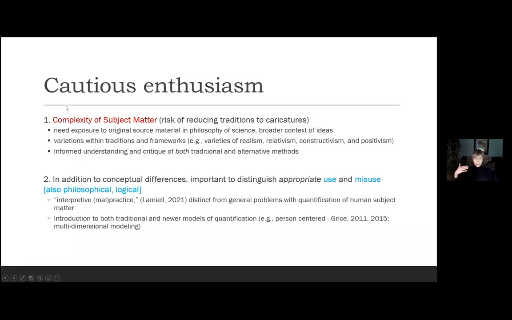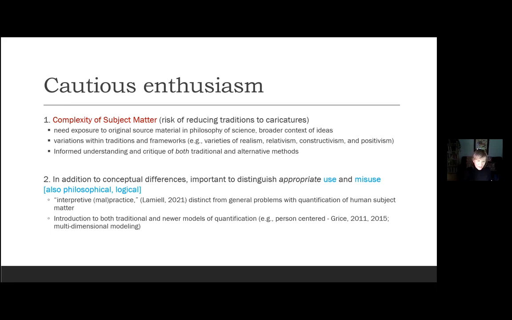My enthusiasm, I will say, though, is tempered a little bit. So it's cautious enthusiasm, and my cautions are several. First, it's just really a concern about the complexity of the subject matter and the risk of reducing whole traditions to caricatures of themselves.